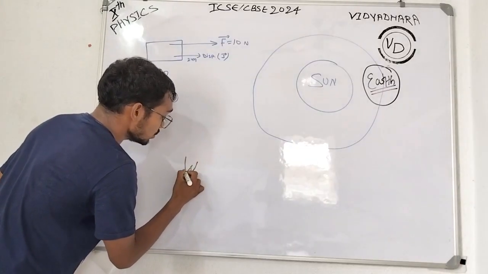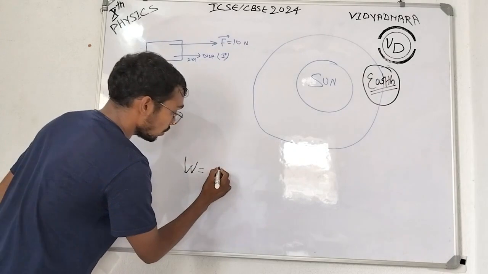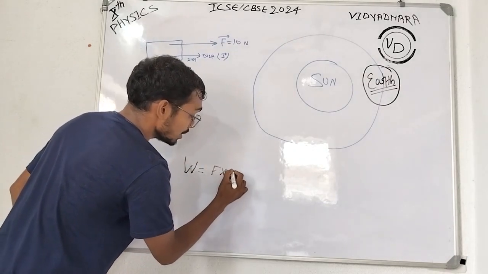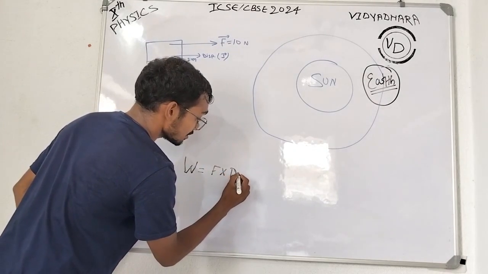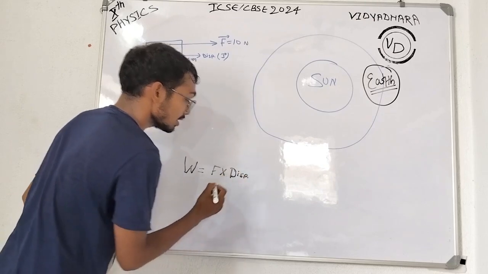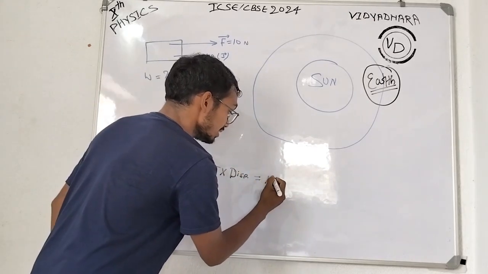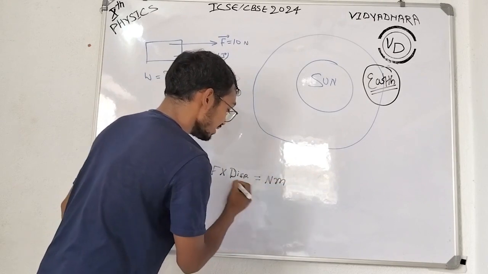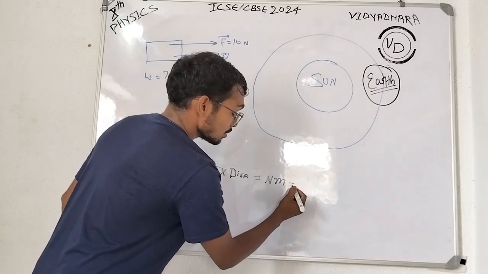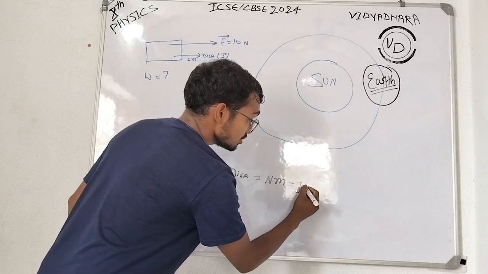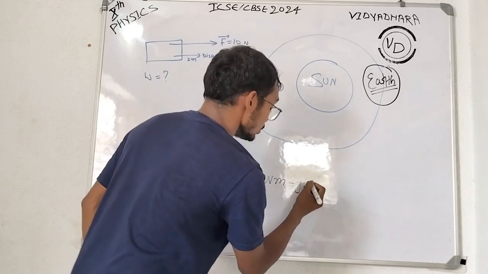Work is equal to force into displacement, which is Newton meter, together called Joule.